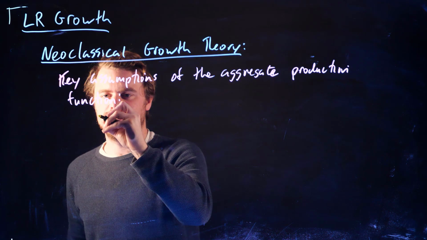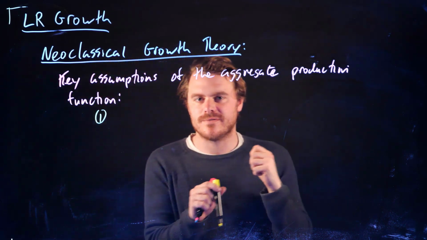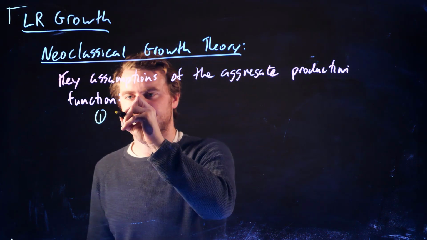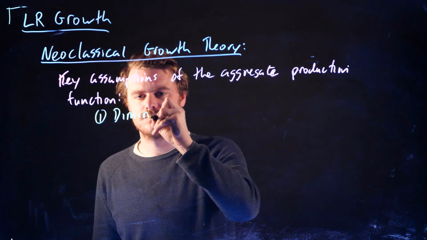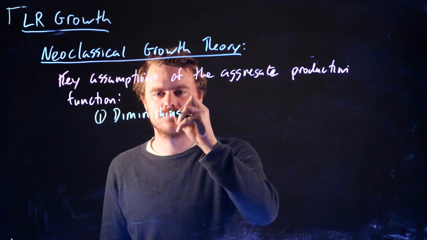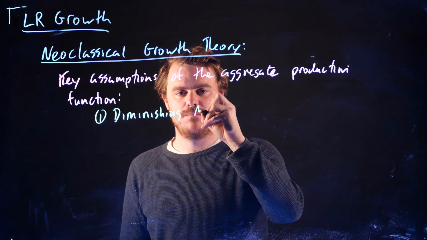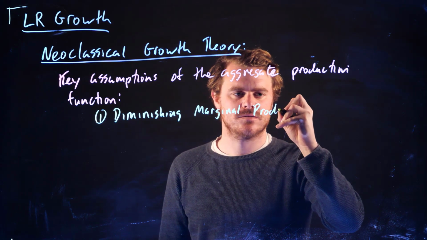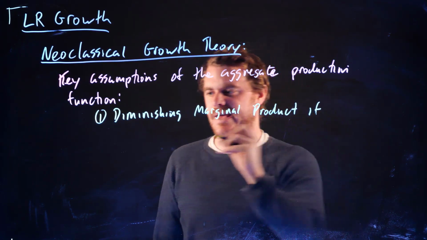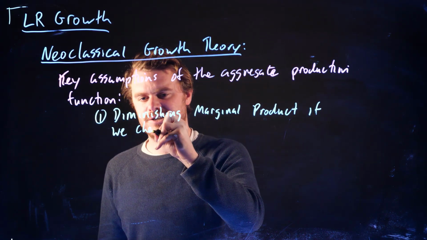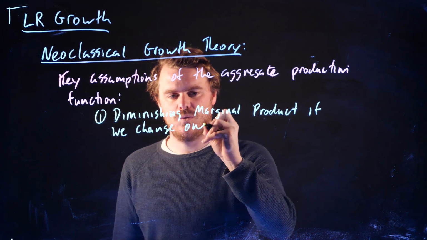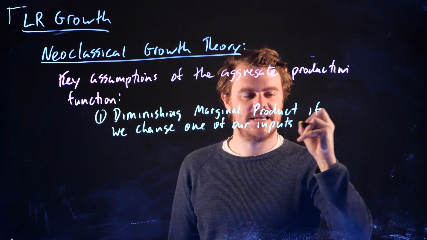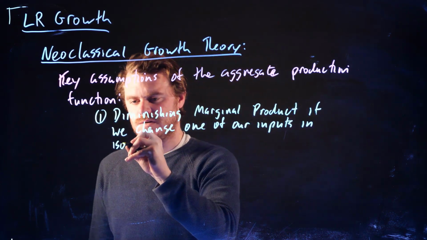The first is that we have diminishing marginal product when we change just one of our factors. Diminishing marginal product if we change one of our inputs in isolation.